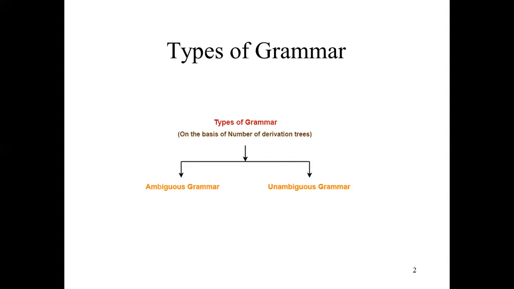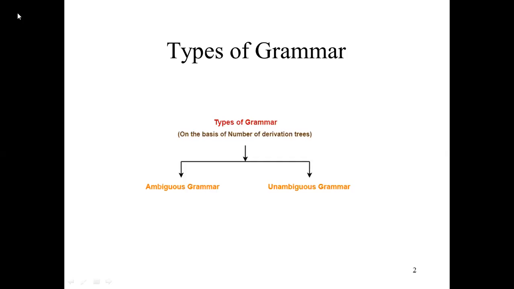Whenever we draw any parse tree, if we get a single parse tree for a particular derivation or expression, then we can say that our grammar is unambiguous. Otherwise, if we are getting more than one parse tree, then it is called the ambiguous grammar. So this is the difference between the ambiguous grammar and unambiguous grammar.